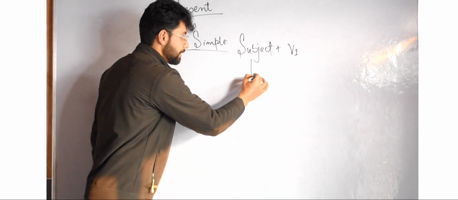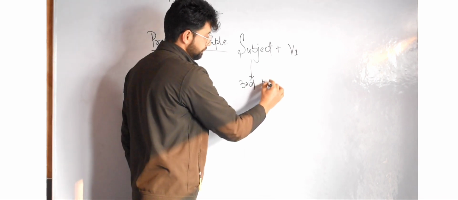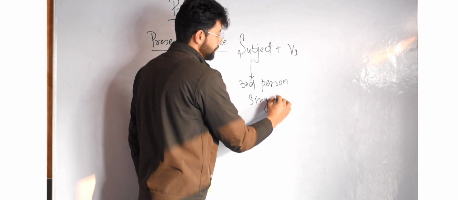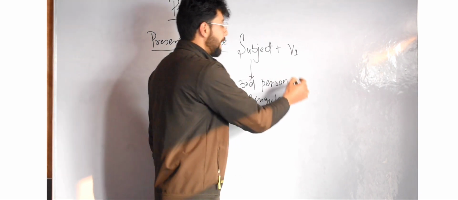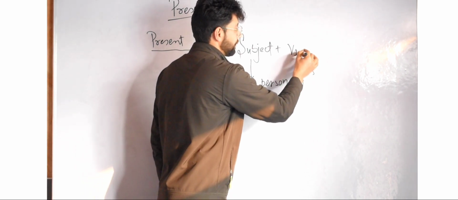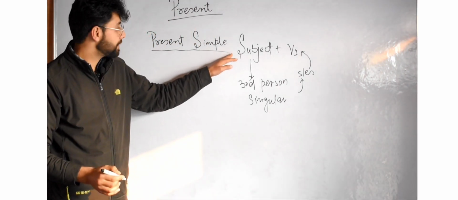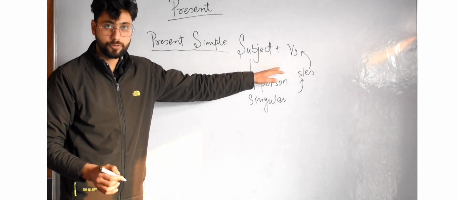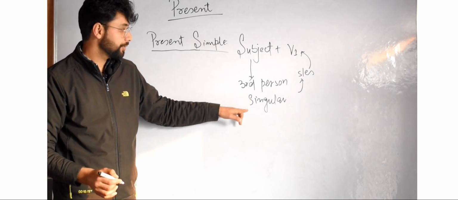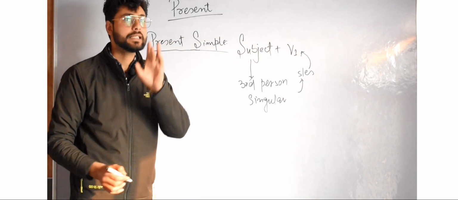If the subject is third person singular, then you have to add s or es to the verb in the sentence. The format of this present simple is subject plus first form of verb, and in case the subject is third person singular, you have to add s or es to the verb in the sentence.